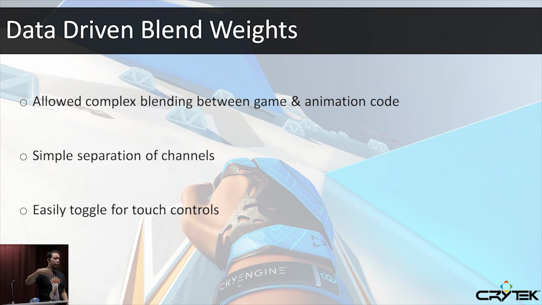The right hand can be doing whatever it's doing, the left hand can be doing whatever, and we have no problem interrupting them. The skeleton became completely gameplay driven. Also, it simplified our code, even in debugging. Every time we'd end up with a problem, it'd be very easy to identify: is the target moving correctly? Yes, then this is clearly an animation problem. If not, then this is a gameplay problem. And this clear separation between game and animation code made our life much easier.